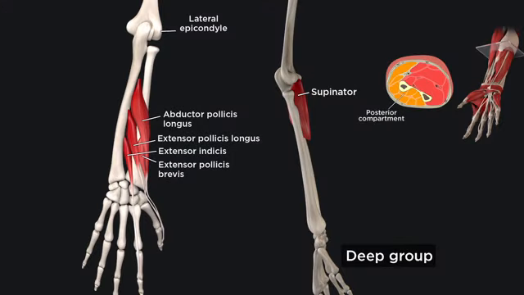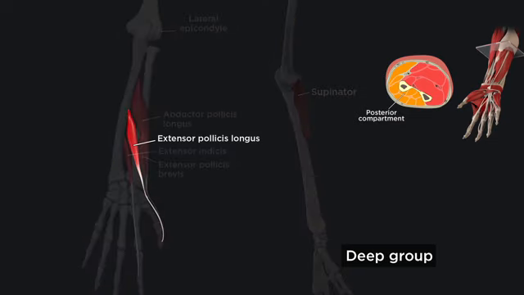The snuff box muscles are also known as the outcropper muscles because they crop out between the superficial lateral and superficial posterior muscles, and so they're helpful in differentiating those two superficial groups. The 3 outcropper muscles, or snuff box muscles, are the extensor pollicis longus, extensor pollicis brevis, and the abductor pollicis longus.